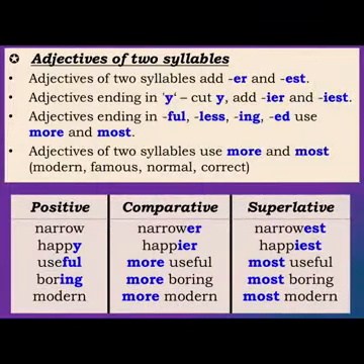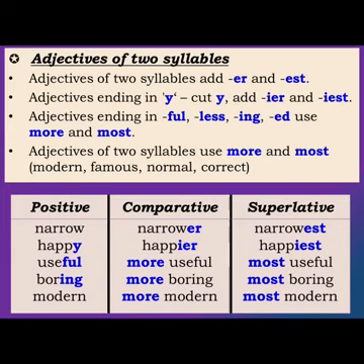Now some of the adjectives of 2 syllables. So adjectives of 2 syllables, add ER in comparative and EST in superlative, that we already have seen. Let's take an example. The narrow becomes narrower in comparative and narrowest in superlative. But now the adjectives ending in Y, at the time you just have to cut Y, add IER in comparative degree and IEST in superlative degree.